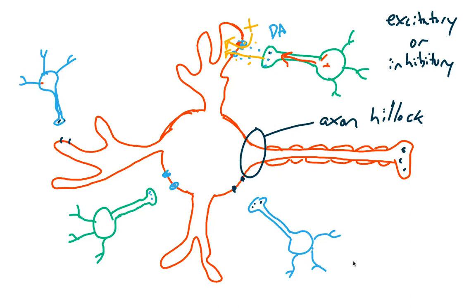So as this dopamine comes across, you have a positive ion. I'm being generic and just calling it an ion at this point. That positive charge is going to spread, and it's going to start to travel towards the axon hillock. So I'm trying to show some plus signs. Now let's say there's just a little bit of dopamine that is released here.